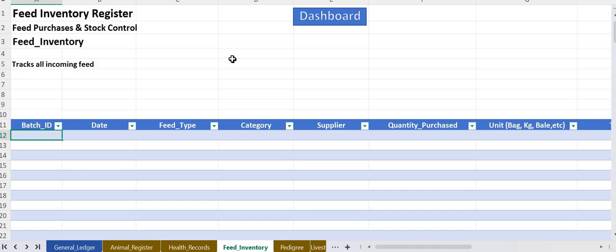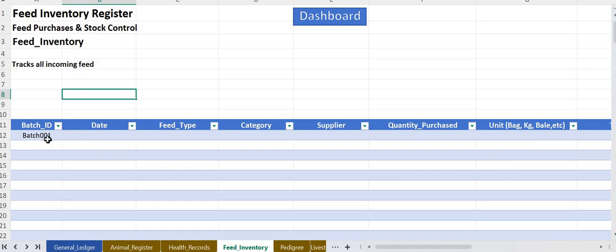So let's say maybe it's batch 001. That is the batch ID for this particular feed. Now, the chances are that you are going to have different types of feed that you bought, and each type needs to be recorded on its own line.